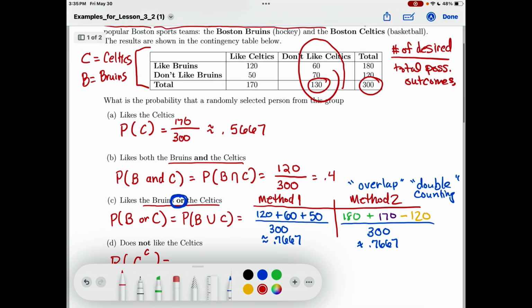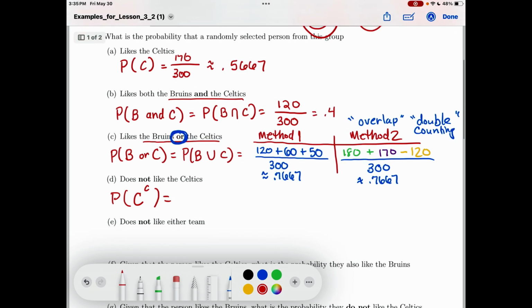So one way we could calculate that is like what we just did. We looked at all the people that didn't like the Celtics. That's 130 out of 300. And when we do that, we get 0.4333 when we round it to 4 places.